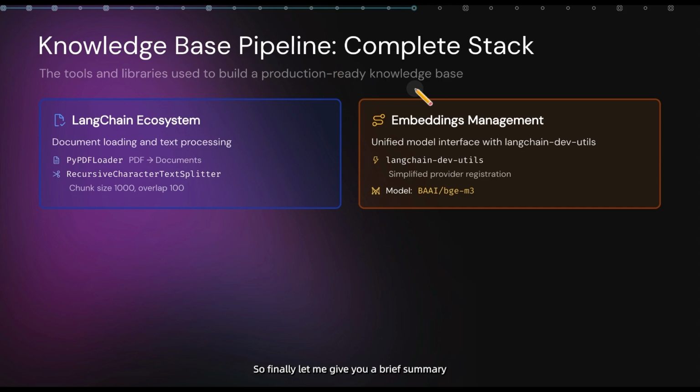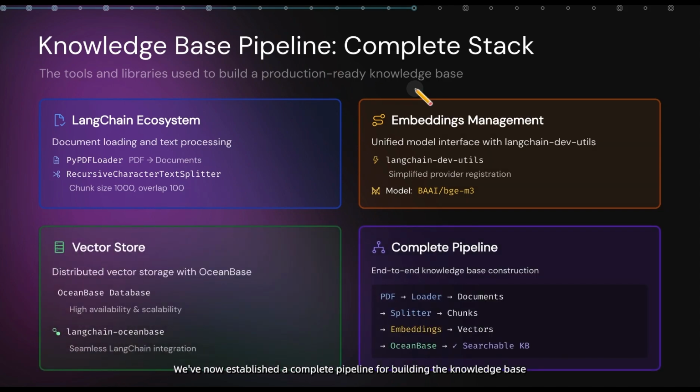All right, so finally, let me give you a brief summary. We've now established a complete pipeline for building the knowledge base, and we've listed it out here for you. Throughout the entire process, overall, we'll be relying on the open source ecosystem. Basically, we have the foundational support for document generation and chunking. Then, we'll make use of third-party tools to help everyone quickly import domestic vectorization models.